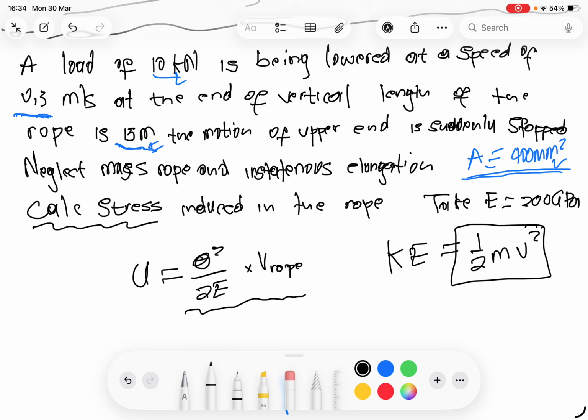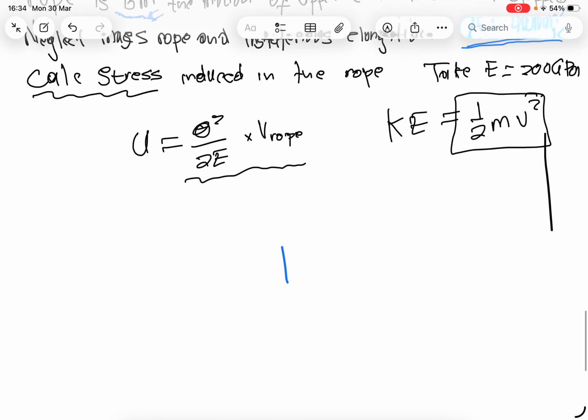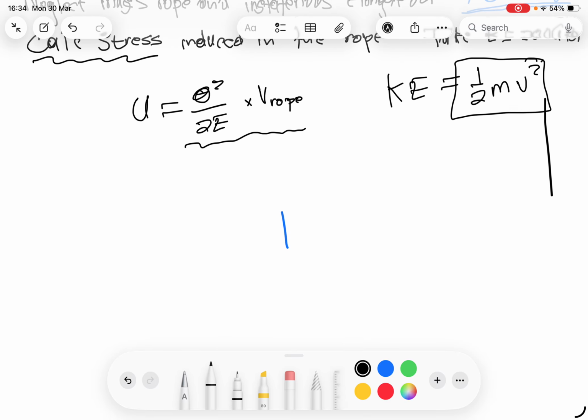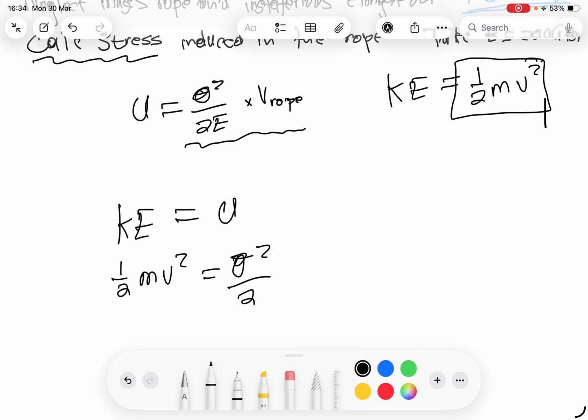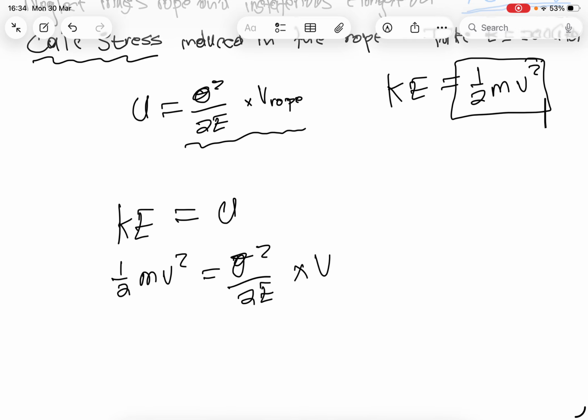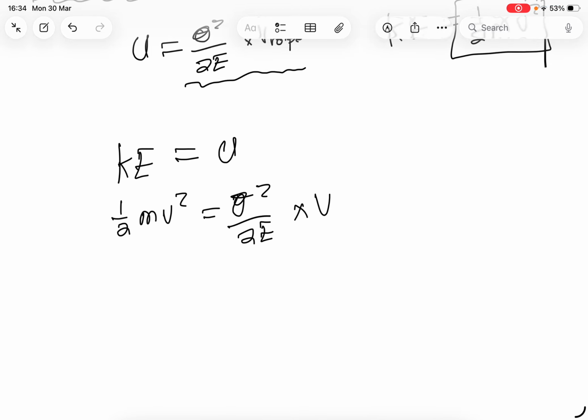So kinetic energy equals strain energy: 1/2 mv squared is equal to stress squared over 2E times the volume of the rope. What do we want first?